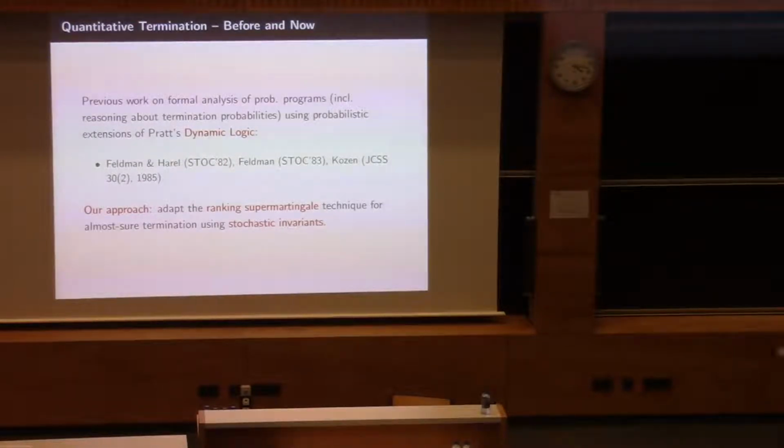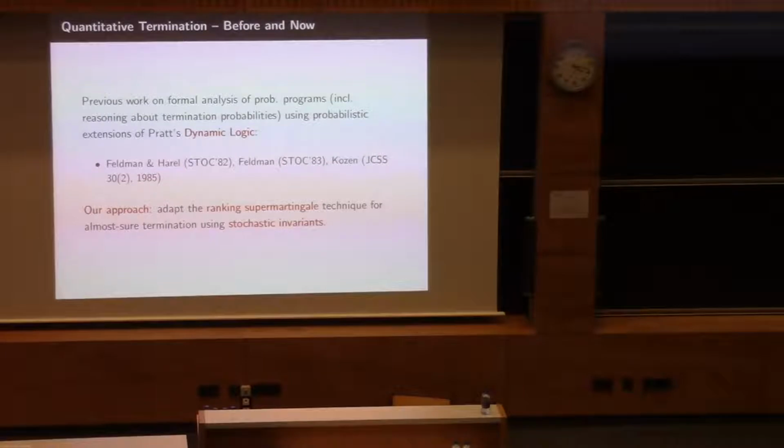We take a bit different approach, a more algebraic one, that is more aimed to be somehow easily or directly automatable. So what we do is we take the so-called ranking supermartingale technique, which is used to prove almost sure termination, and we adapt it to this quantitative termination using something called stochastic invariants.